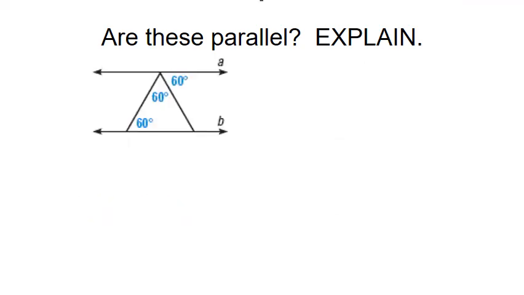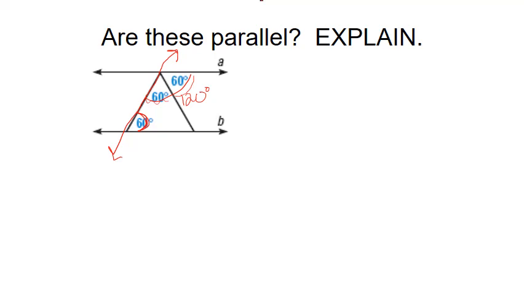So we're down to our last two examples here. We have our image, we have line A and line B. I know we have a little triangle here, which can be a little confusing, but let's focus on this line as if it was the transversal that's cutting lines A and B. So we have this angle, which is 60 degrees, and we have this entire angle, which is 60 plus 60. Well, 60 plus 60 is 120. This entire angle plus this angle, those two angles are same side interior, right?